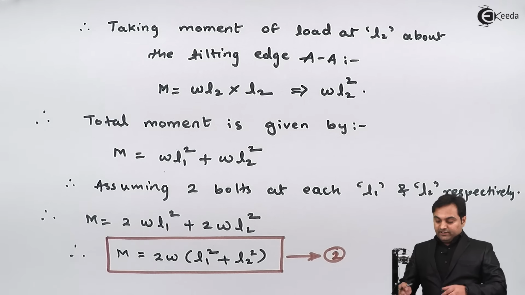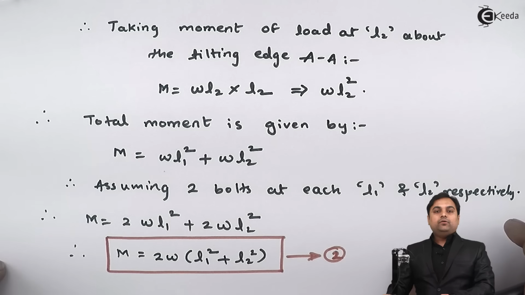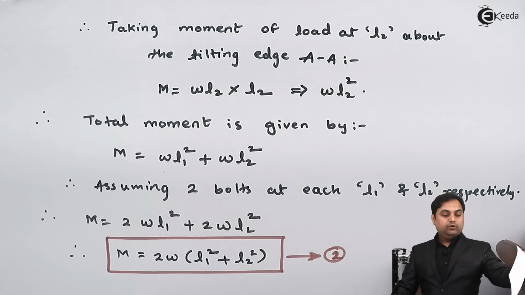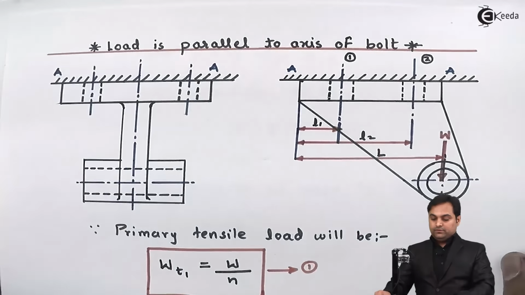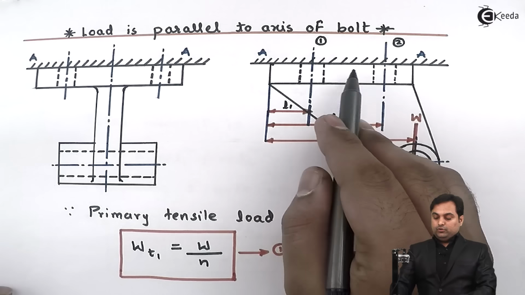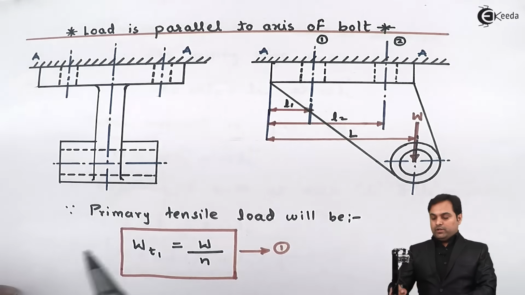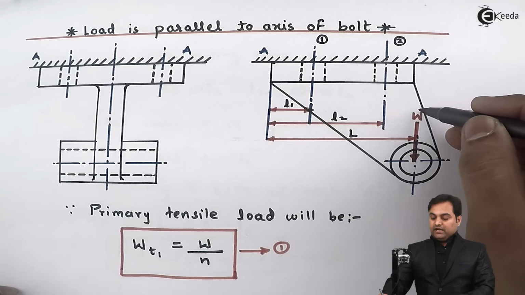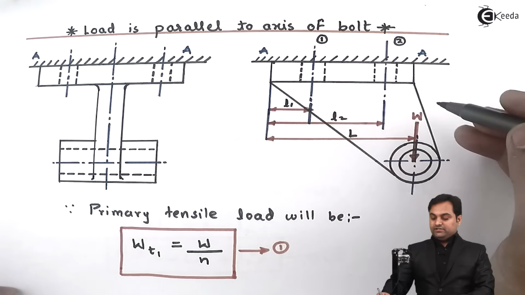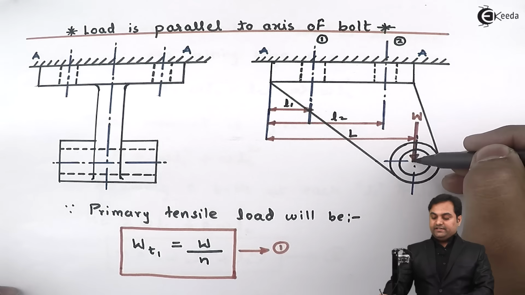Now, after getting the moment because of the load on the bolts, I have taken the moment. Now I'll take the moment about the entire bracket, that is the moment of the load which is acting at the bracket.